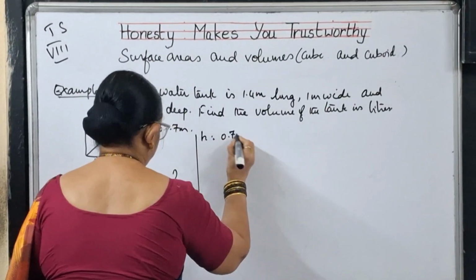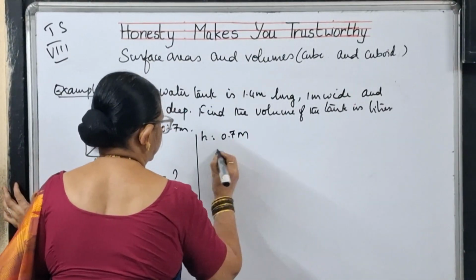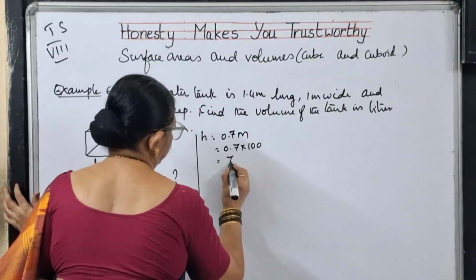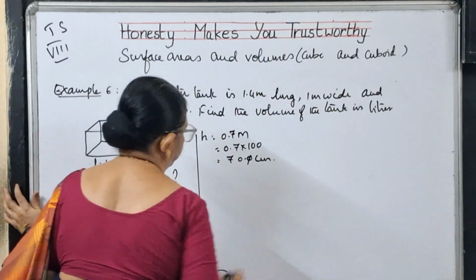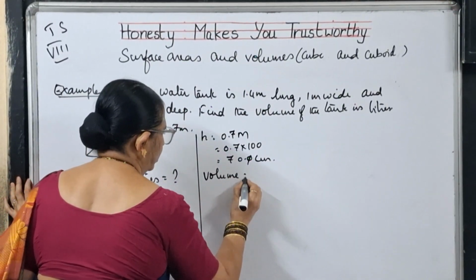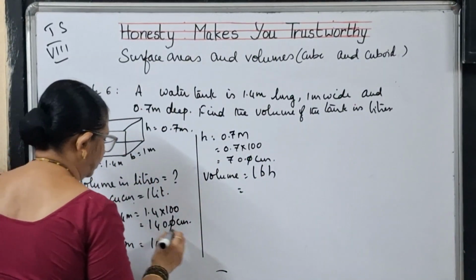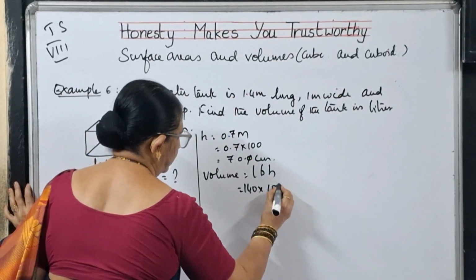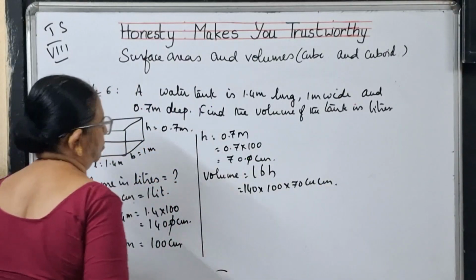Height means depth, both can be considered the same. 0.7 meters means 0.7 into 100, that is 70 centimeters. So now the volume. Volume is equal to L into B into H. After conversion, it is very easy, children. 140 into 100 into 70 cubic centimeters is the volume.